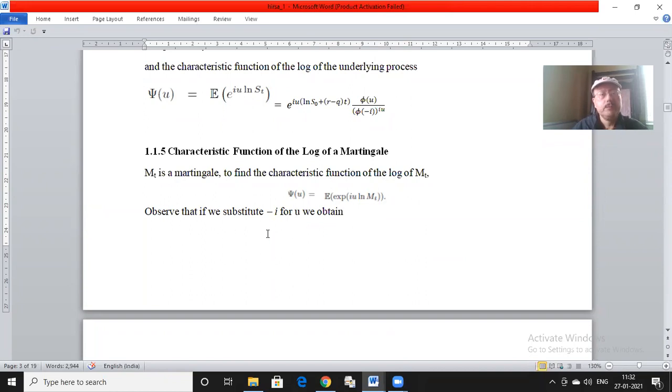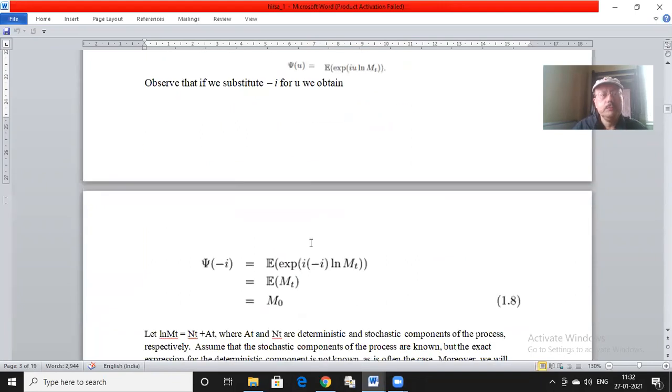Of log M_T. Again, observe that if we substitute minus i for u, I will obtain psi(minus i) equal to, so I'll put minus i here, I will simply get expectation of M_T. And because M_T is a martingale, the unconditional expectation of M_T will be M_0, the value of the martingale at time 0.